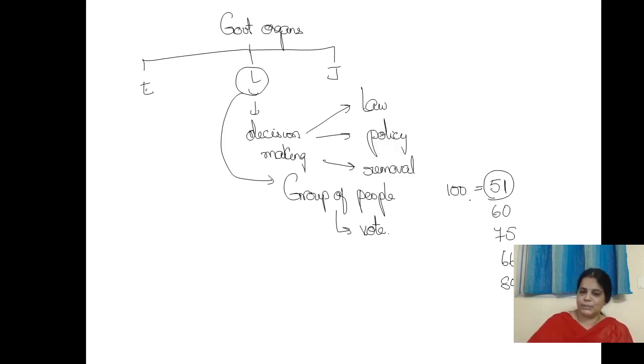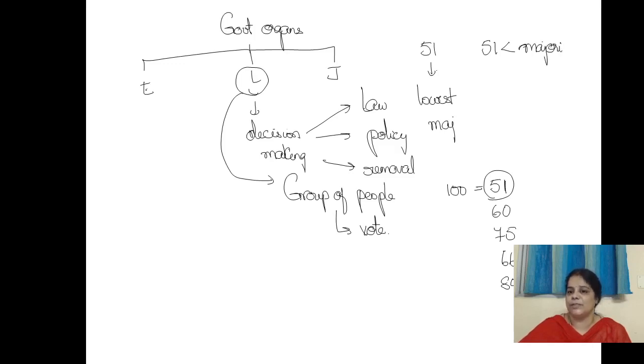Now we are going to discuss what we are going to use 51 for. 51 here indicates the lowest majority. For what procedures do we use the lowest majority? For what procedures do we use majorities greater than 51? What majorities do we use and for what purposes? This is what we are going to discuss in this video.